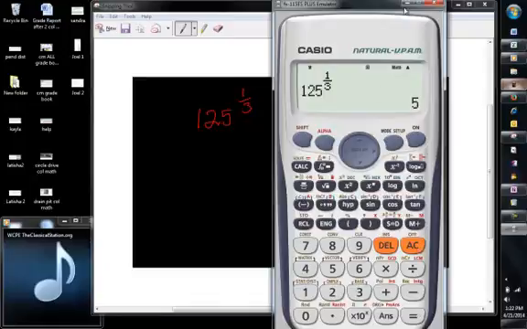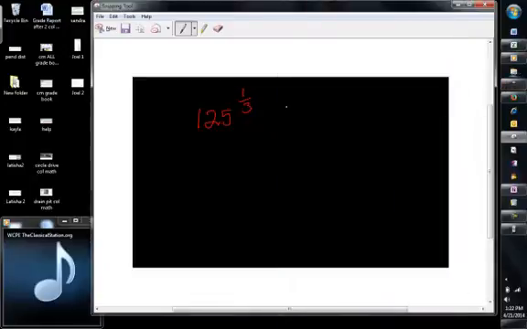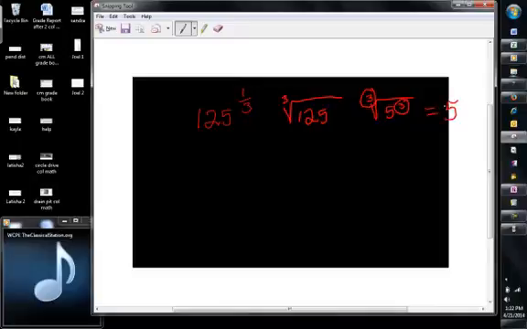But let's see why it works that way. Well, this is the cube root of 125. But 125 is 5 to the 3rd. So this is the cube root of 5 to the 3rd, or in other words, the rule is lay down groups of 3. You have one group of 3 5s, and so you have 5 is the solution.